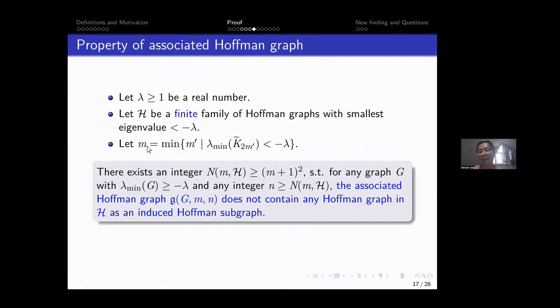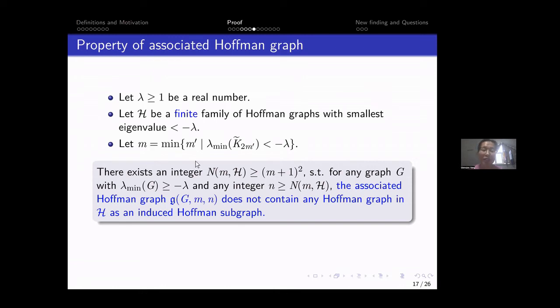The restriction on, or the definition of, M is natural because we only have the associated Hoffman graph when the tilde graph is not an induced subgraph. So the third condition is also a natural condition.